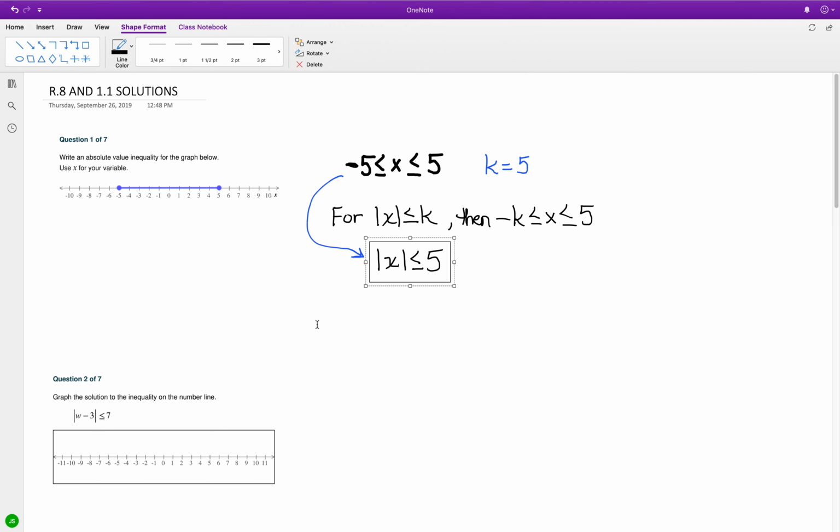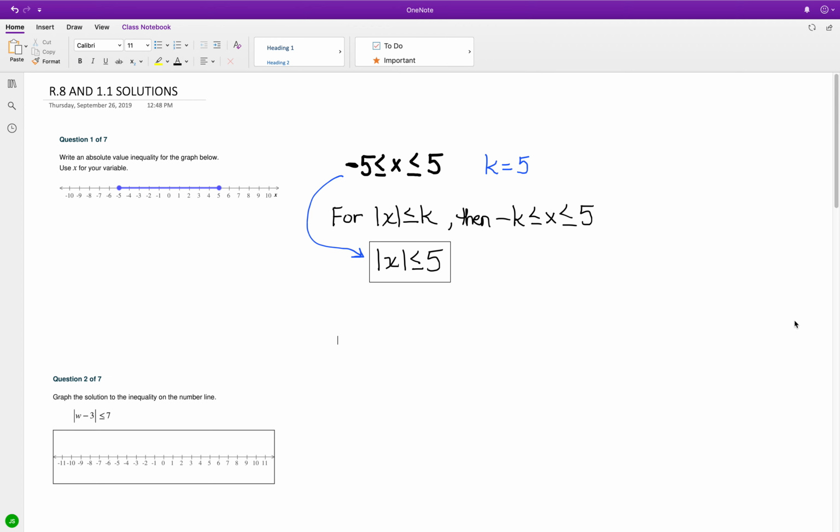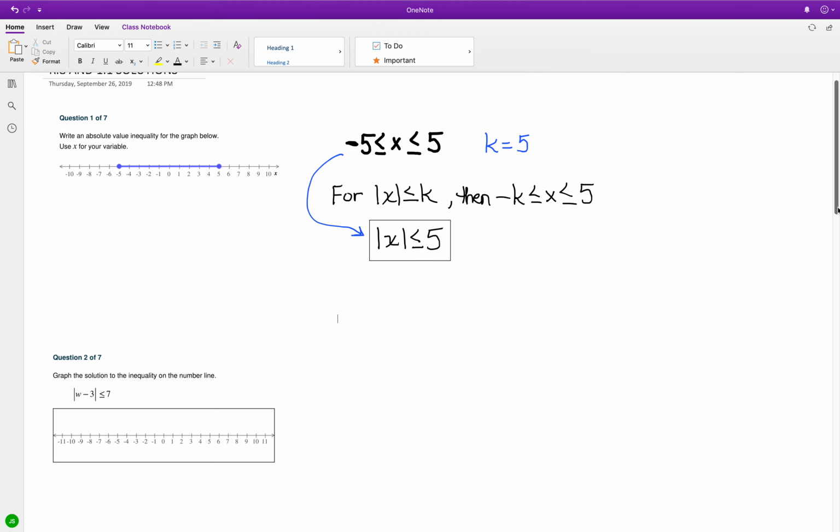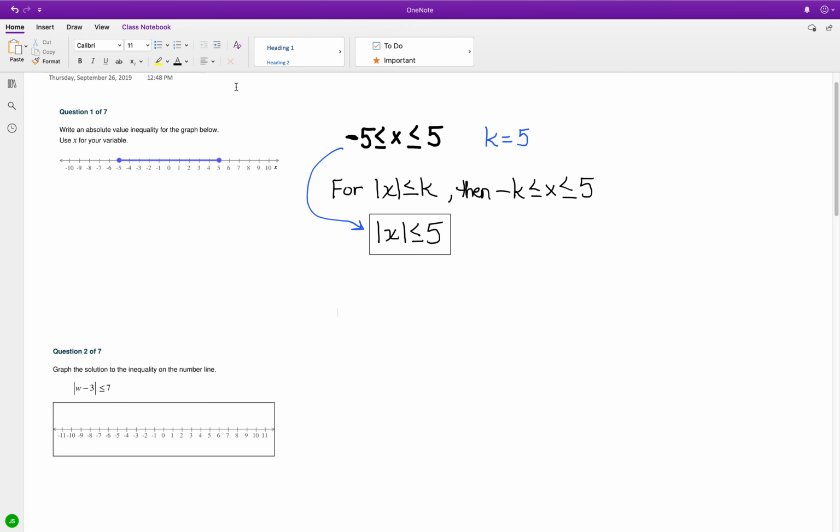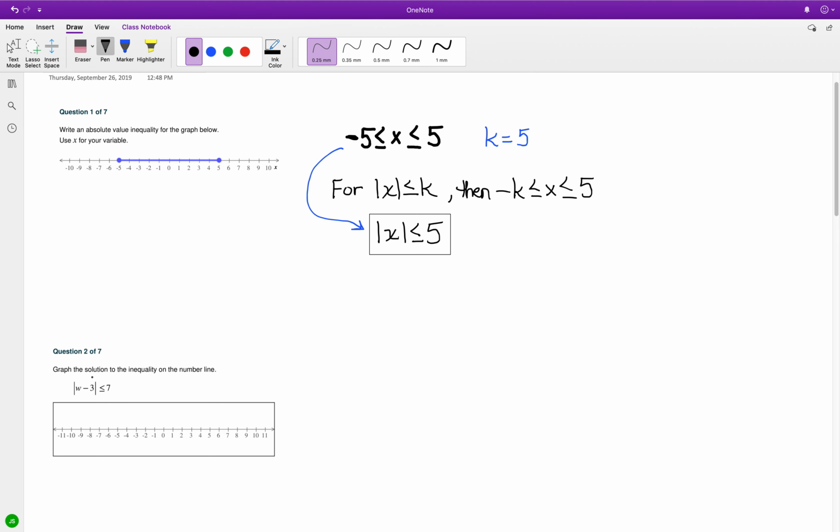Now for the second item, it says to graph the solution to the inequality on the number line. And we have the absolute value of w minus 3 is less than or equal to 7. We have the absolute value of w minus 3 by itself, less than or equal to 7.